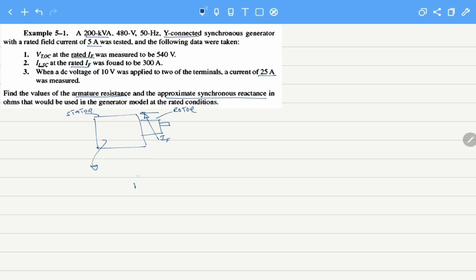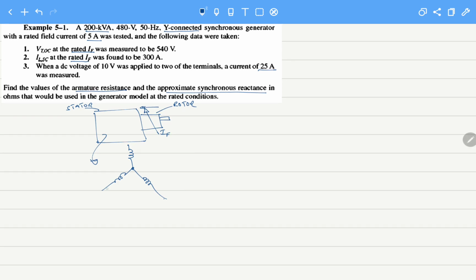Now let's first look at why I have connected it in Y: because it is mentioned that it is a synchronous generator with Y connected windings.